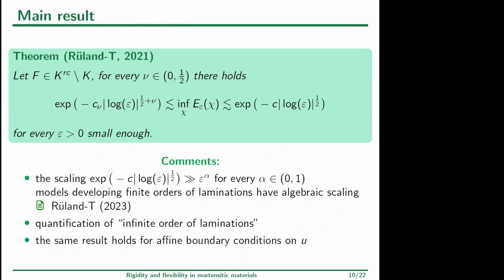So for instance, if you study the threshold between rigidity and flexibility for a set of wells that develops this infinite order of lamination, then you may expect a lower bound of this nature, like the lower bound of the Tartar square, and then you would expect a lower bound that beats every polynomial, every algebraic scaling.